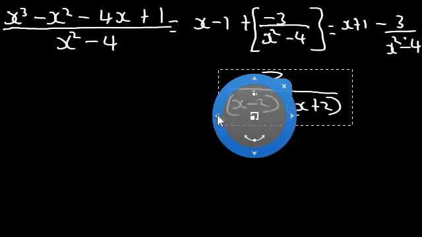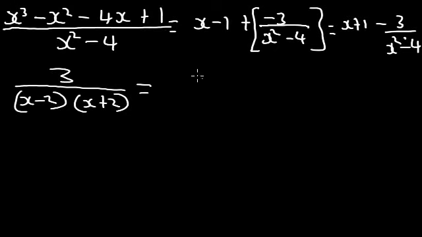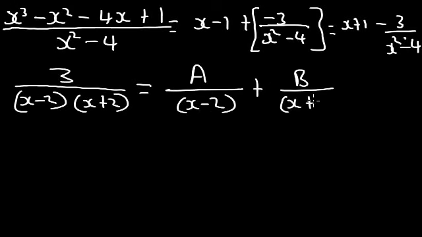Let me bring it a little bit to the side. So since it is a fraction with linear factors, the partialization form will become a divided by x minus 2 plus b divided by x plus 2. So let's multiply all through by x minus 2, x plus 2.